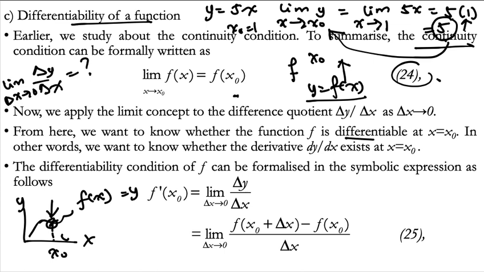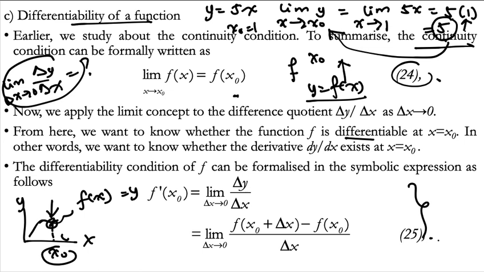In other words, we want to know whether the derivative dy/dx exists at x naught here. We know based on the graph that it is continuous. You already know how to check it by checking the limit. But at the same time, we want to know whether it is differentiable or not. Now, the differentiability condition of any function can be formalized in a very formal expression like this.